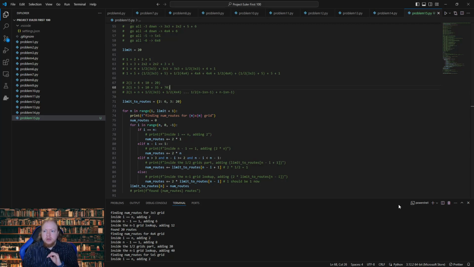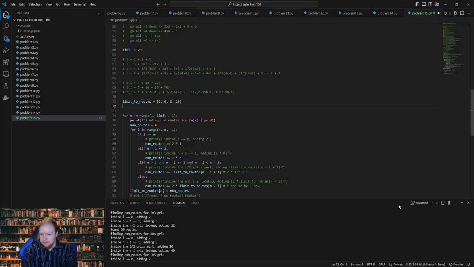I'm going to look at them always as smaller x, larger y. And then we just multiply by 2 to get the correct number of routes for the other side. So like rectangles.